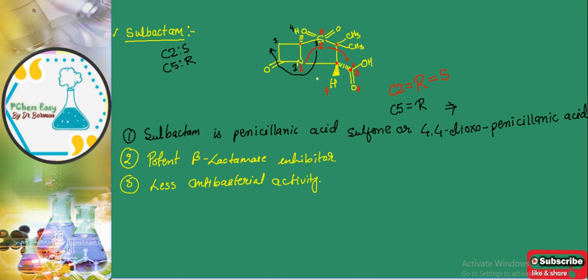So what would be the configuration of that carbon? We will see here. So this is the chiral carbon. Now first we will have to find the 4 different groups, then we will assign the numbering or priority. So you can see here group 1, group 2, group 3, group 4, but we have to assign the priority.